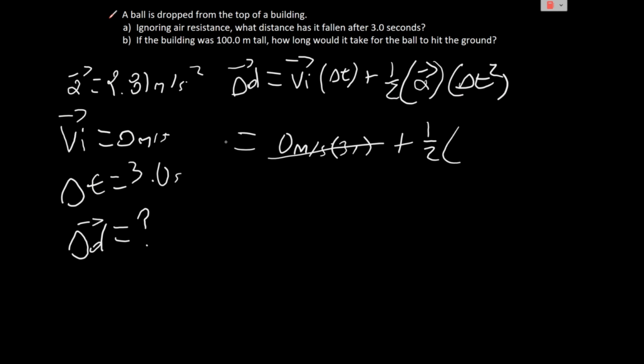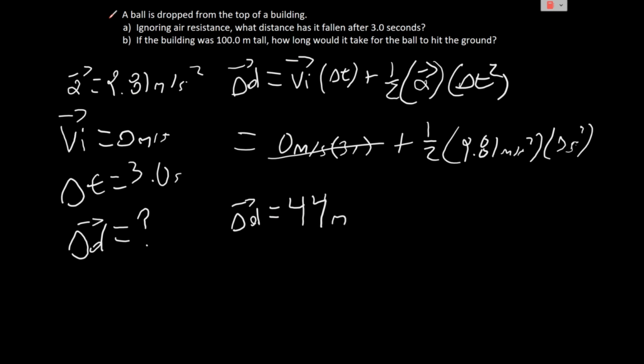Then we have 9.81 meters per second squared times 3 seconds squared. Our displacement is going to come out to be 44 meters downwards because it's dropping off of a building. That answers question A. Let's move on to question B.